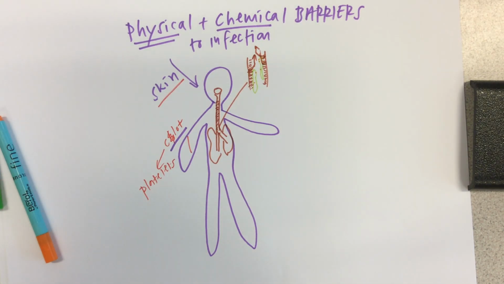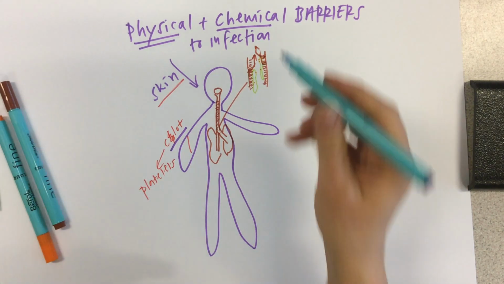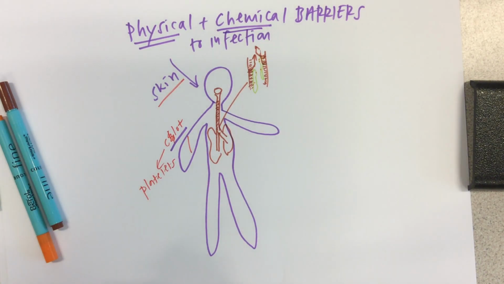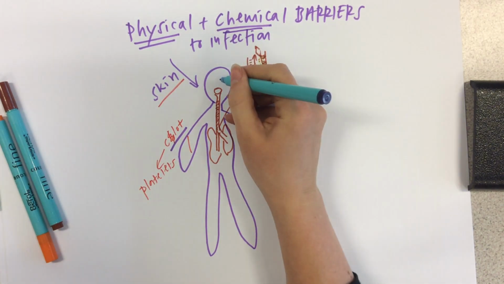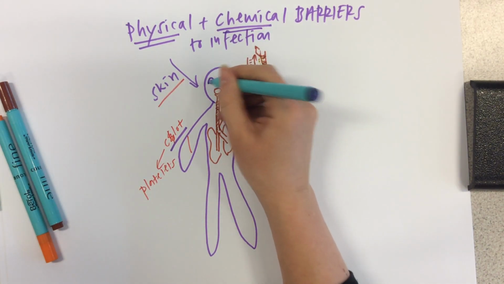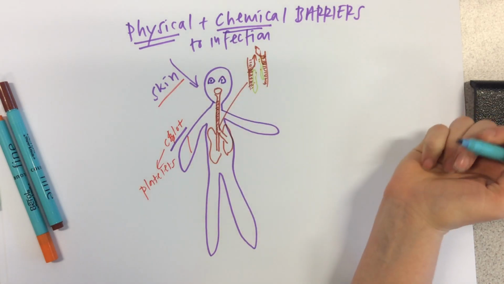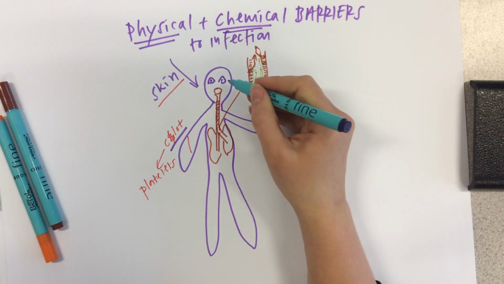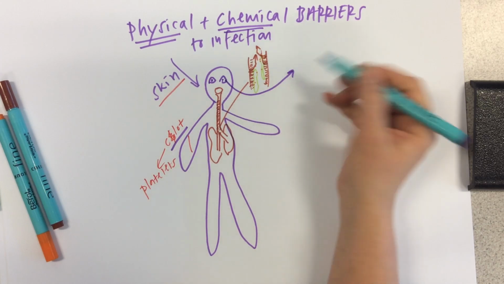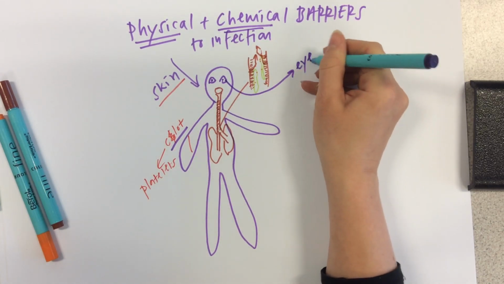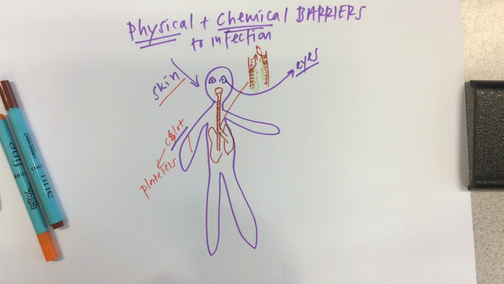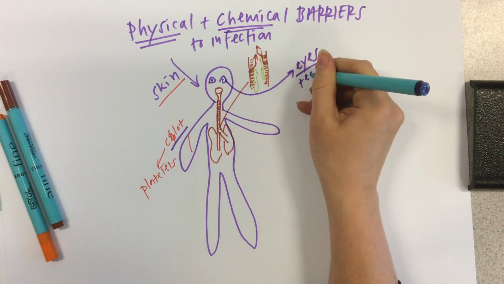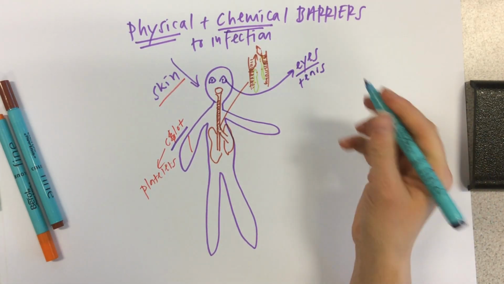And then we've got two chemical barriers that you need to know about, and one of them is in the eyes. And if you get something in your eye, what happens to you? Your eyes start to water and you produce some tears.